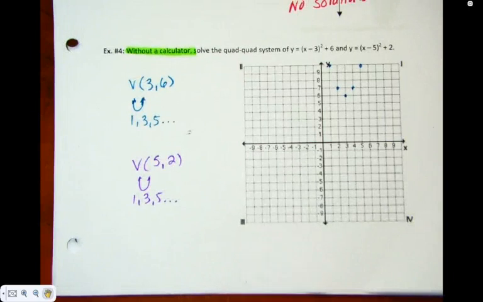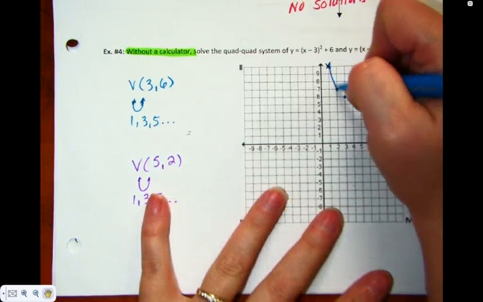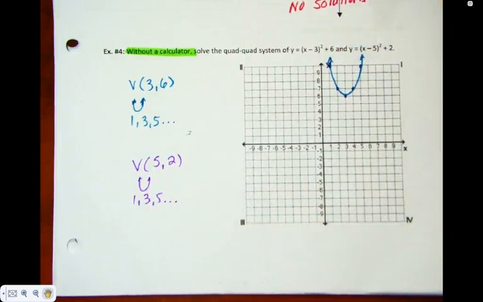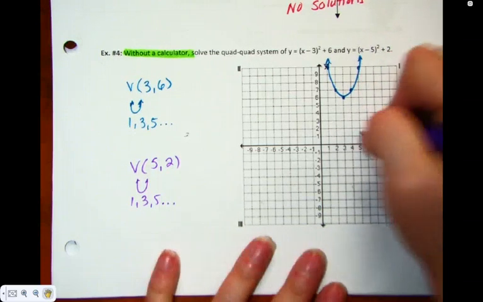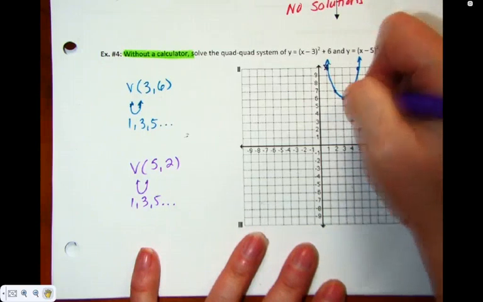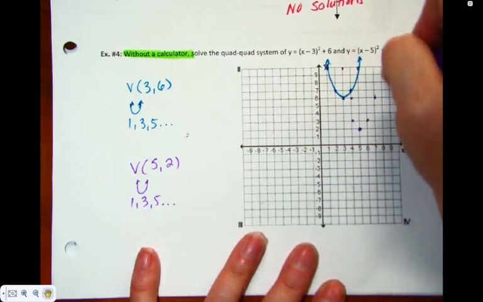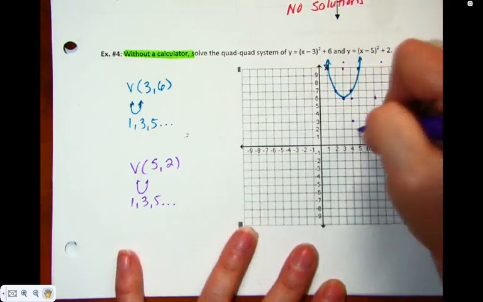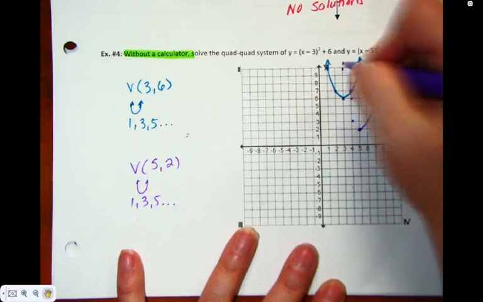Dotted or solid? Trick question, it's not an inequality. Shading inside or outside? Trick question, not an inequality. Five, 2, over 1, up 1, over 1, up 3, over 1, up 5.